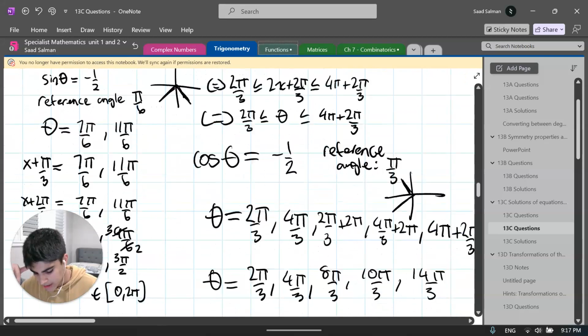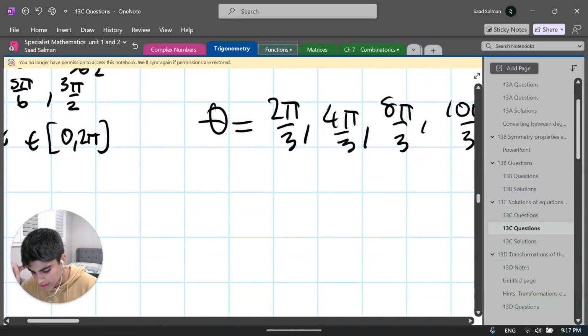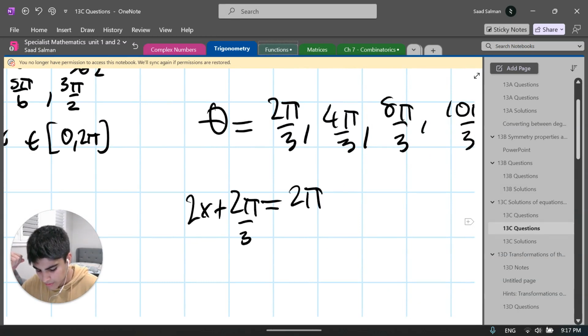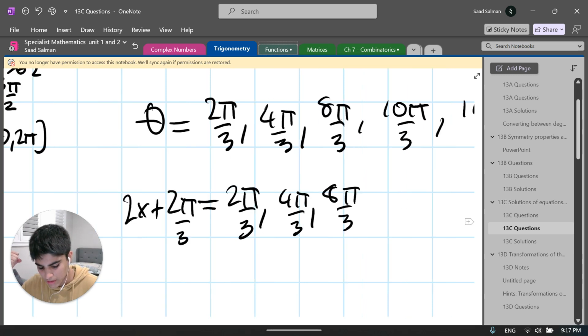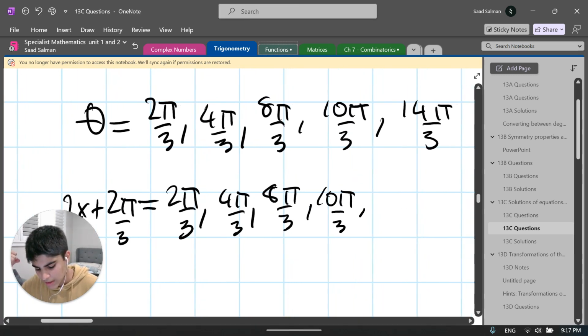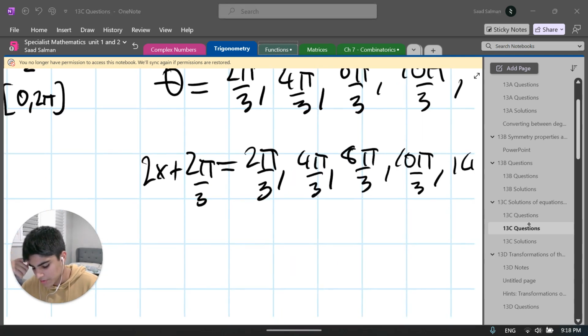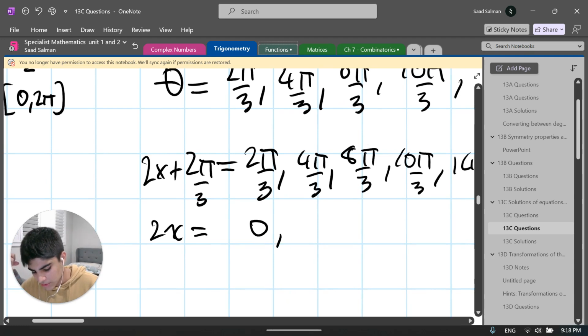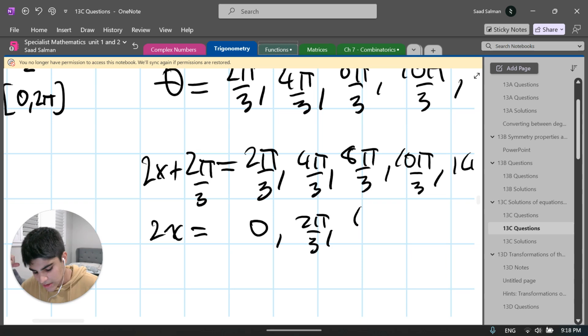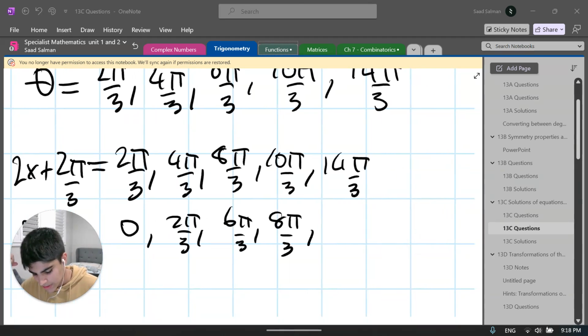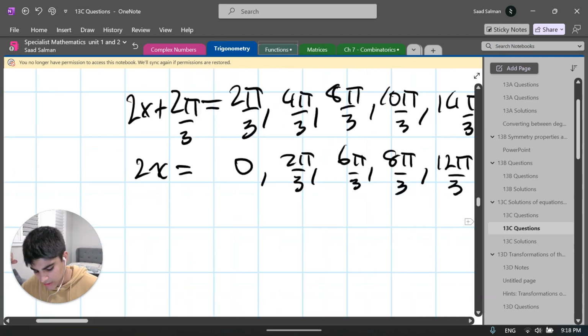Now let's sub back in 2x plus 2 pi on 3 equals 2 pi on 3, 4 pi on 3, 8 pi on 3, 10 pi on 3, and 14 pi on 3. Let's subtract 2 pi on 3. 2x equals 0, 2 pi on 3, 6 pi on 3, 8 pi on 3, and 12 pi on 3.